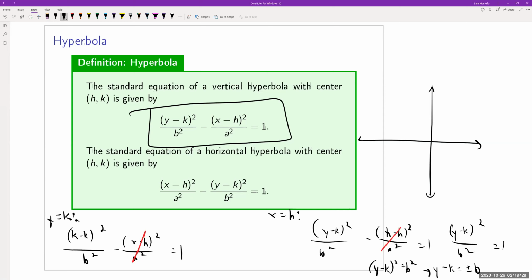Plus or minus since we took a square root, which means that y is equal to k plus or minus b. So if this was my center, (h, k), then what I just did is I said I'm going to go up and down by a distance of b. That's the transverse axis. We'll get something similar for the other point.